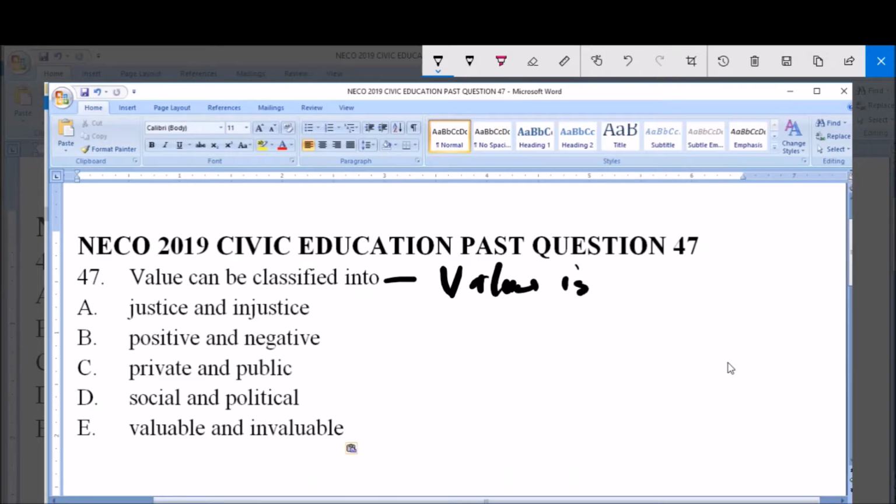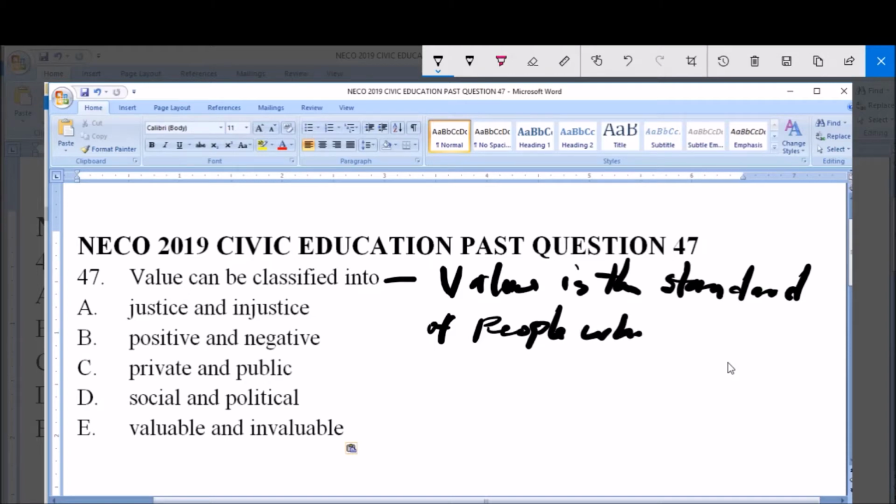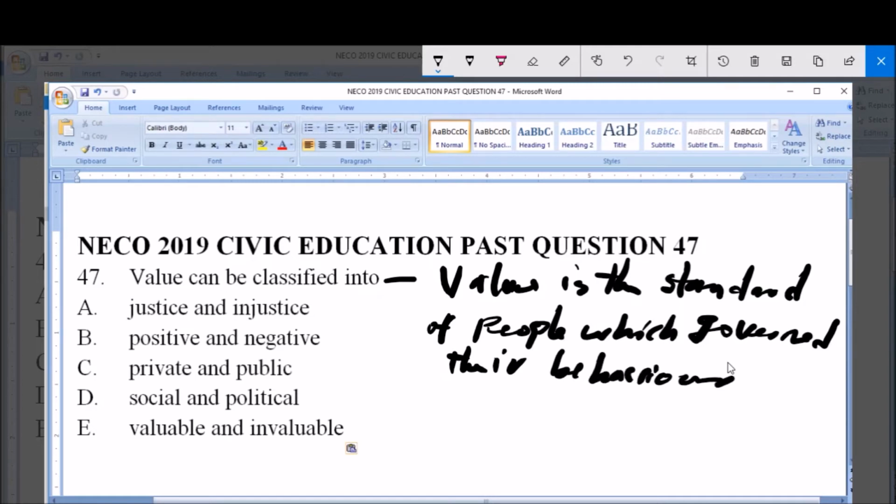Value is the standard of people which governed their behavior, and that is value.